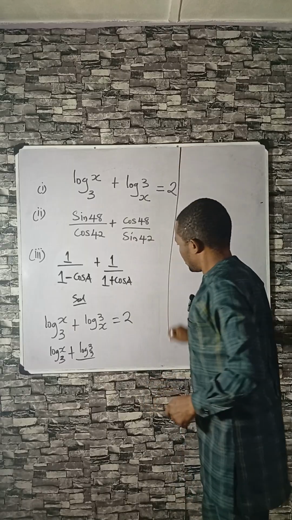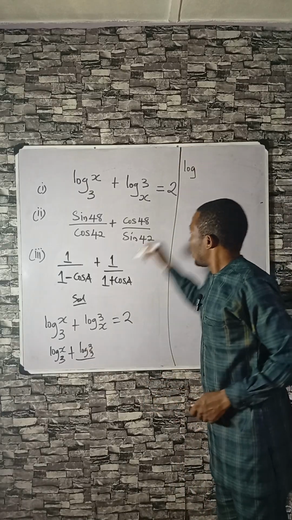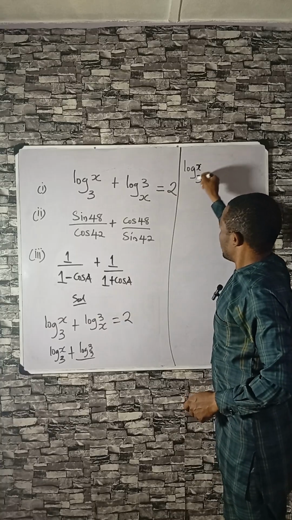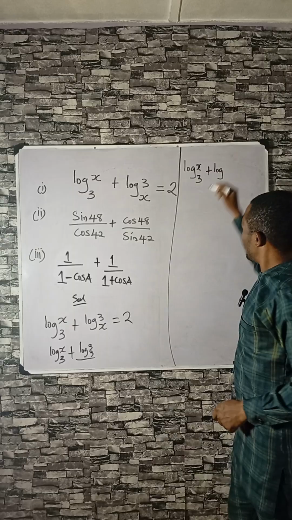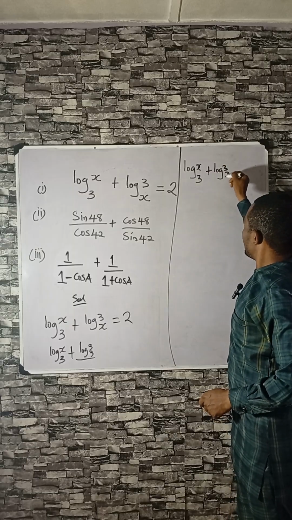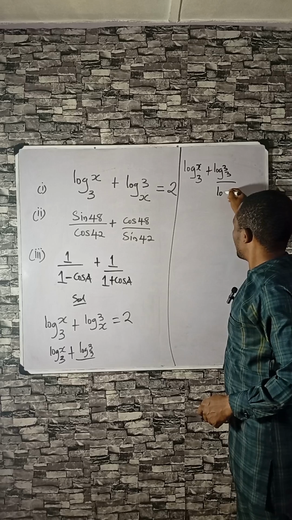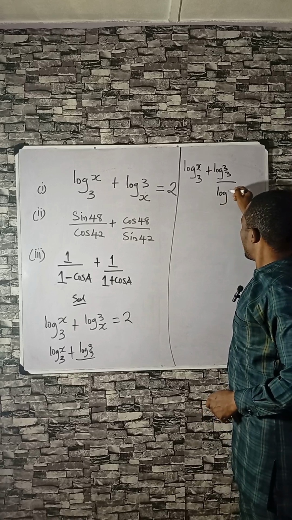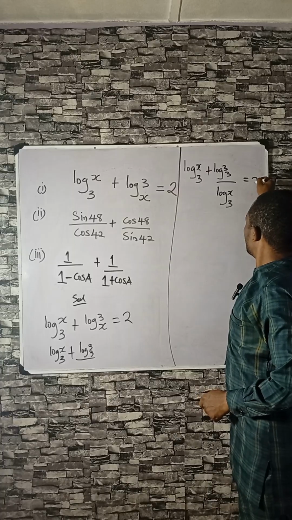Taking it to this side, log x base 3 plus log 3 base 3. I'm applying change of base here. Then log x base 3 equals to 2.